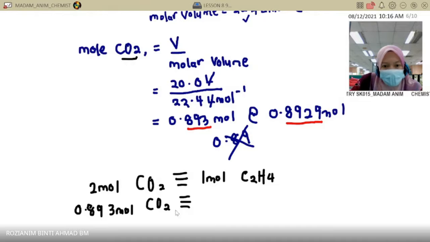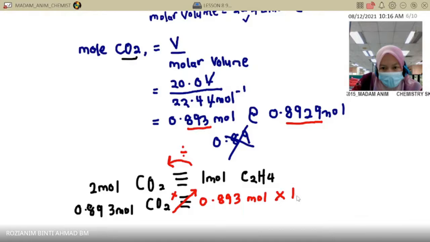Macam mana kita buat darab silang. Okay, bawah ni you darab. Okay, atas ni kita akan buat bahagi. So, kita akan tulis balik 0.893 mol times 1 mol over 2 mol.